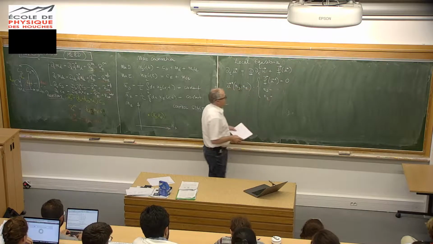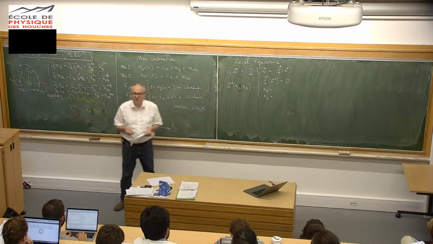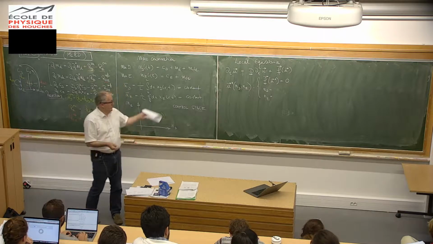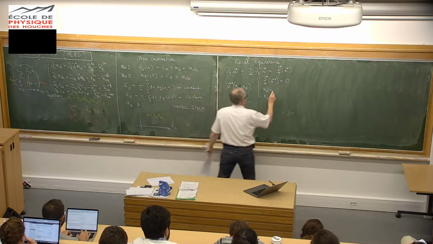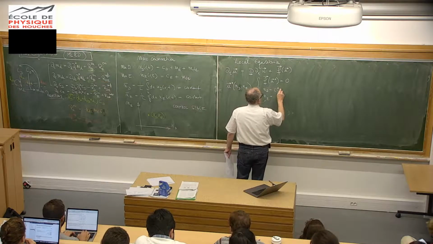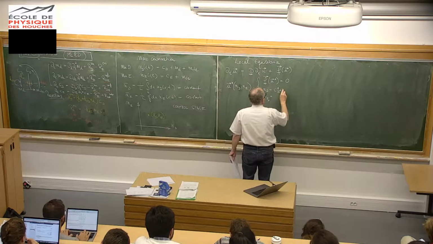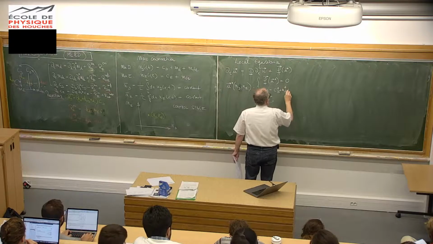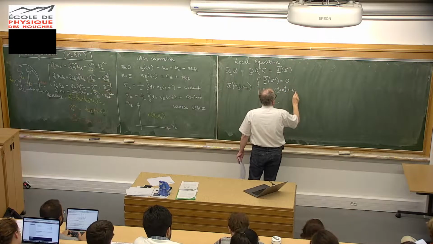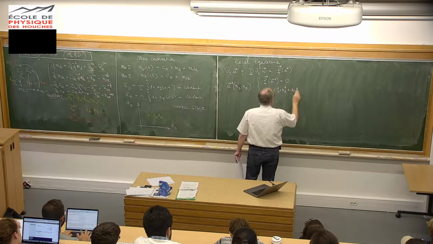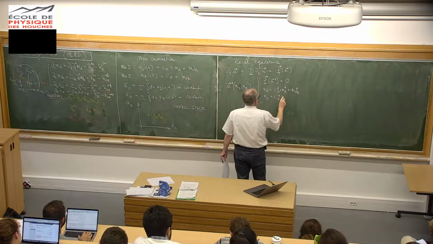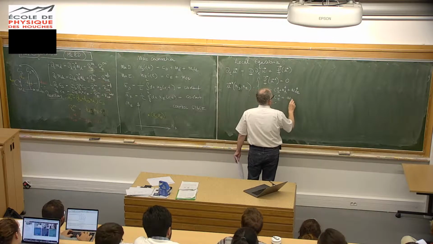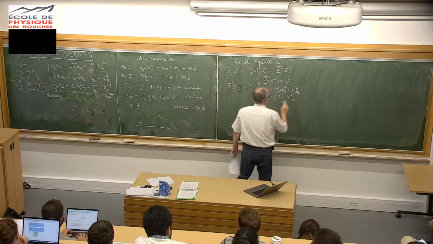So the various equilibria sum up to these total densities: ND is CD star plus MD star plus MDE star, and NE is CE star plus MDE star.